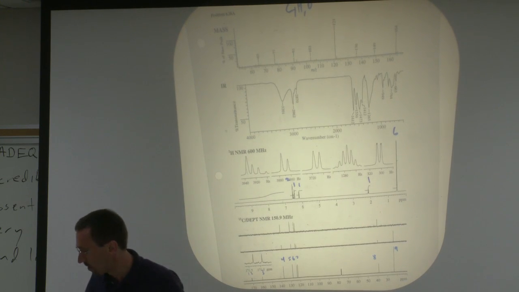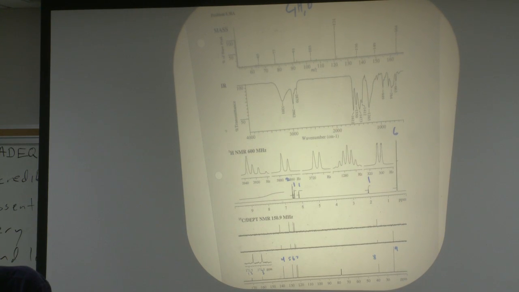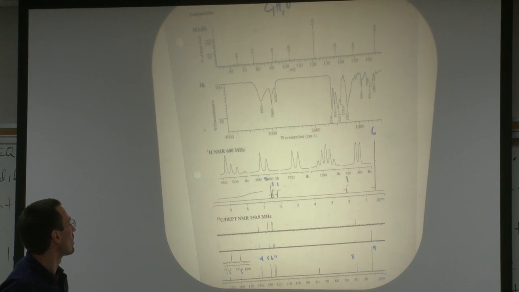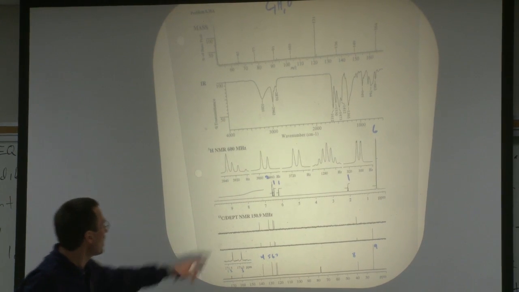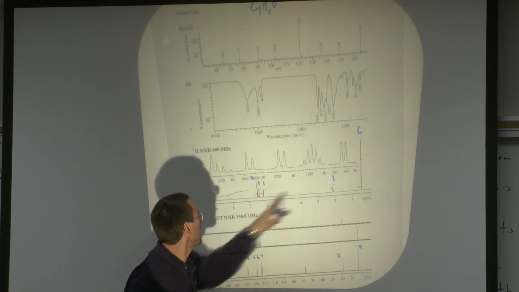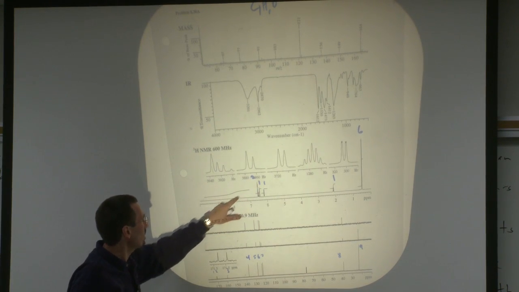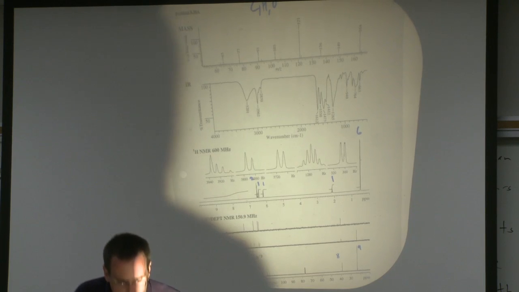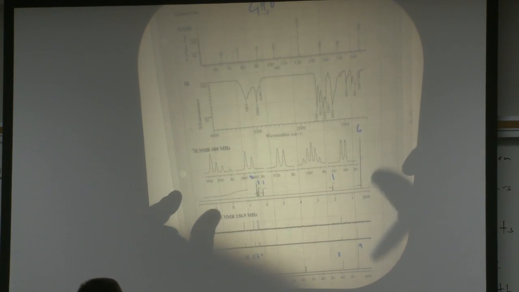So you're probably going to be well on your way to a molecular formula here. Is that right? Oh yeah, we've got this guy over here. So we've got 6, 8, 9, 10, 11, and it looks like we've got something here as well.